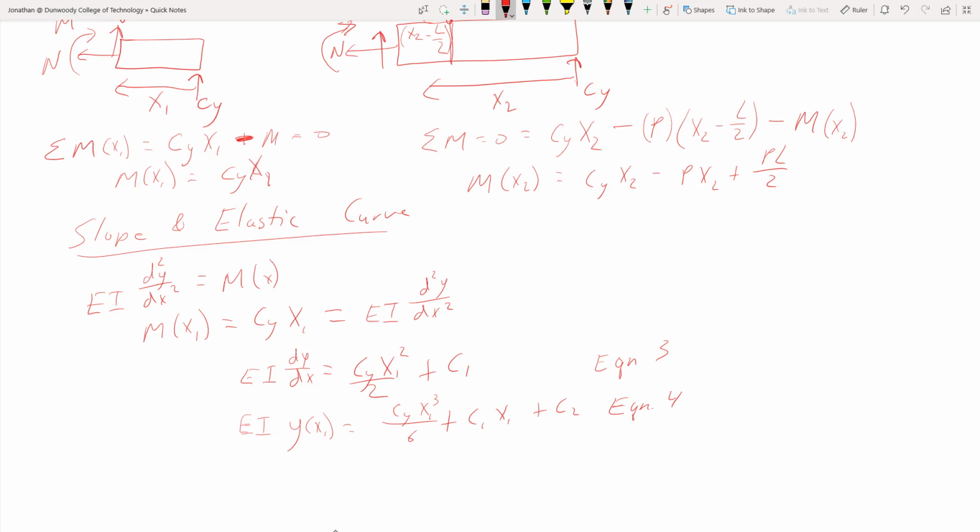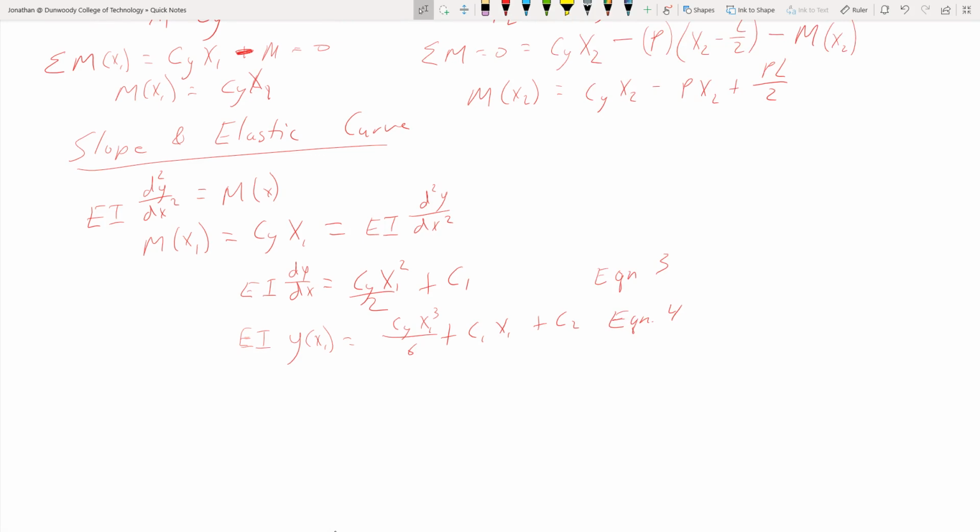Now if we move on to the next one for the other piece. So from this equation, Cy x2 minus P x2 plus PL over 2 equals EI second derivative of y with respect to x.